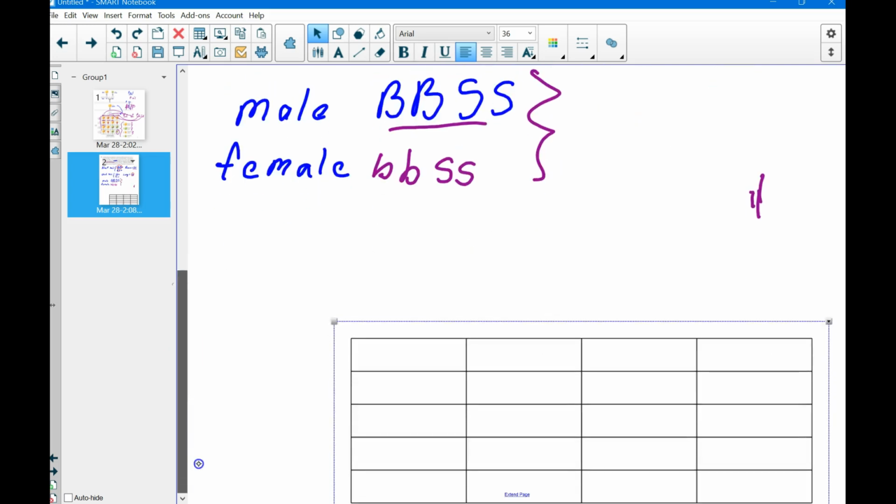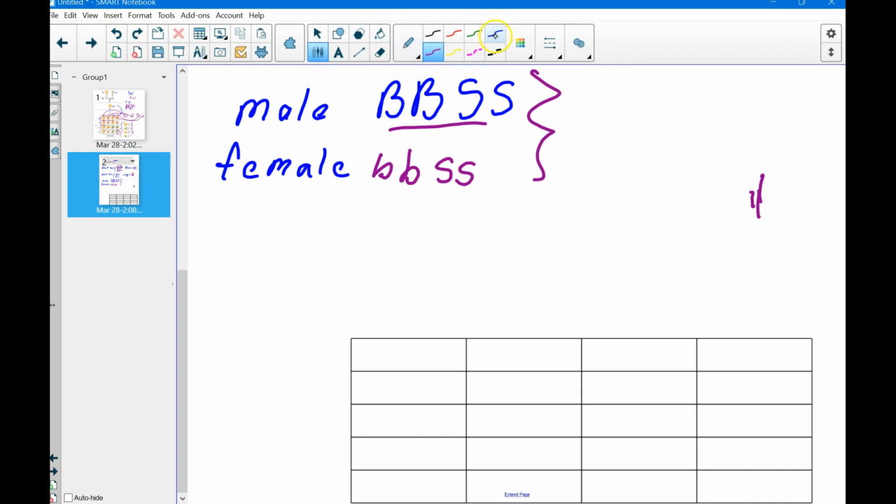Finally, so now we need to come up with the gametes for here. Like I said a minute ago, we pretend that this looks like this. We use a different color, green, and just divide it in half.